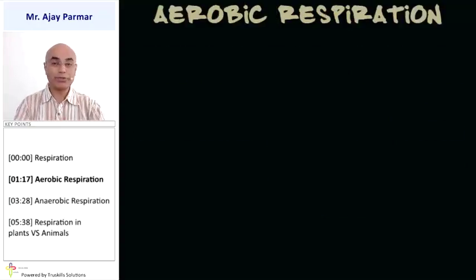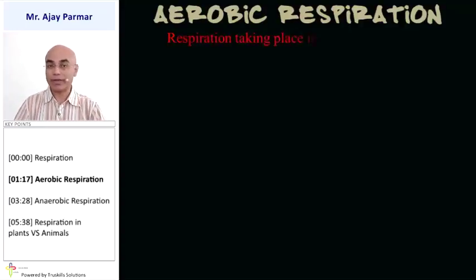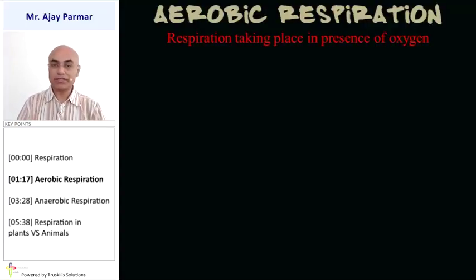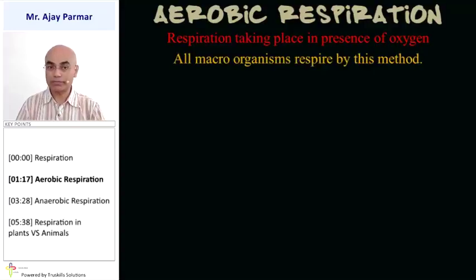When we classify respiration, it is basically aerobic and anaerobic respiration. So what is aerobic respiration? The process of respiration which requires oxygen, meaning presence of oxygen is a must, is known as aerobic respiration. All macroorganisms, all big sized organisms, plants or animals, undergo this kind of respiration.